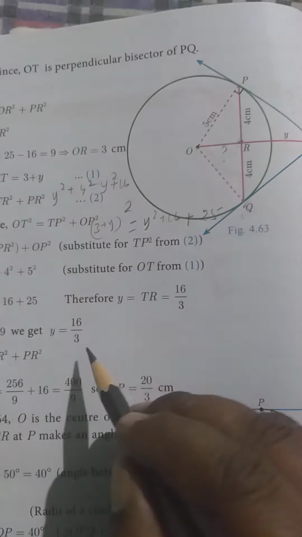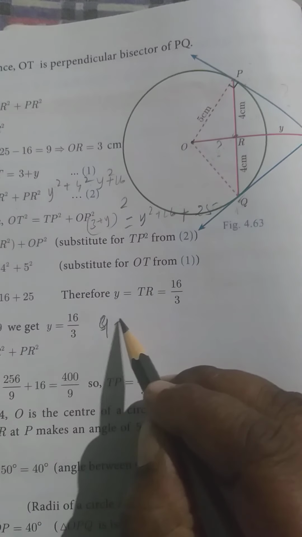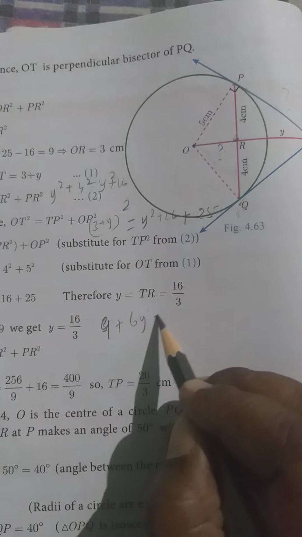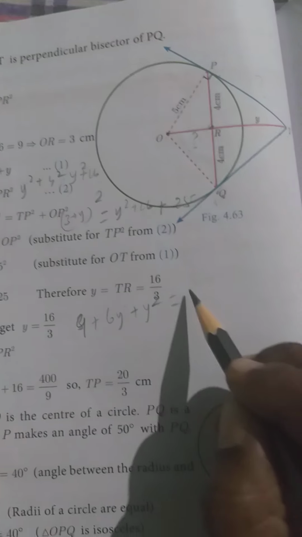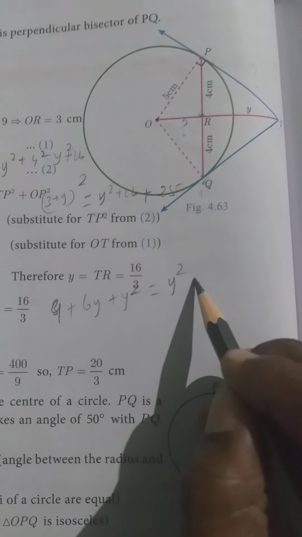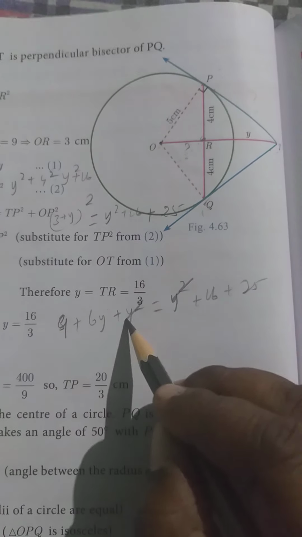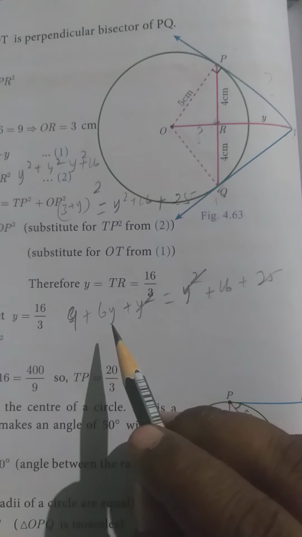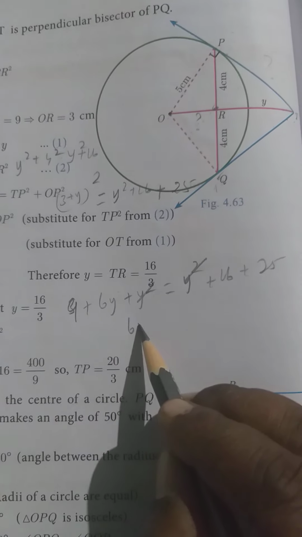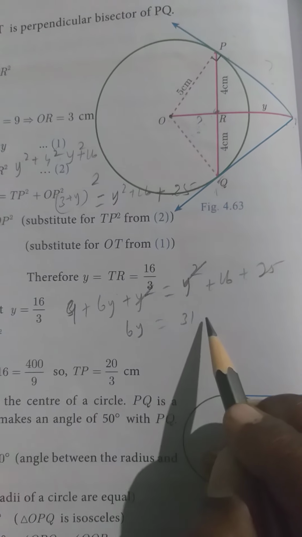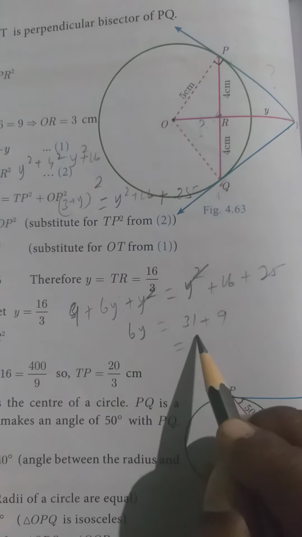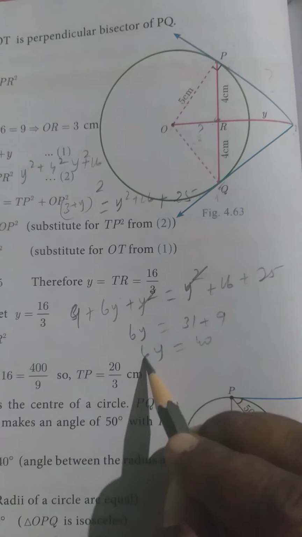Therefore, the expansion is 9 plus 6y plus y squared equal to y squared plus 16 plus 25. The y squared cancels. Therefore, 6y is equal to 41 minus 9.